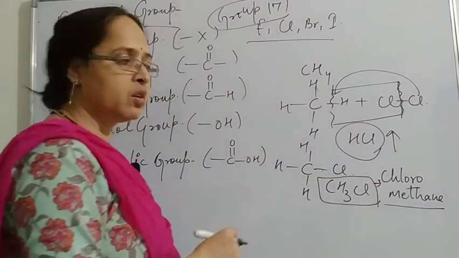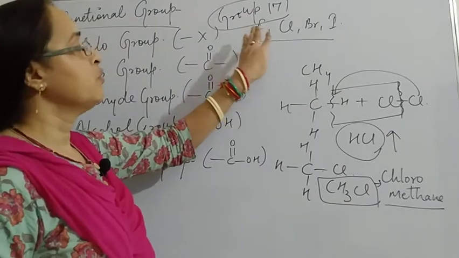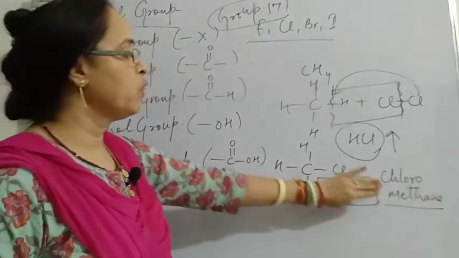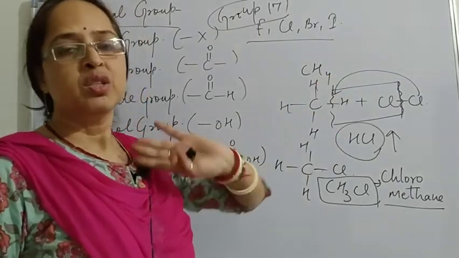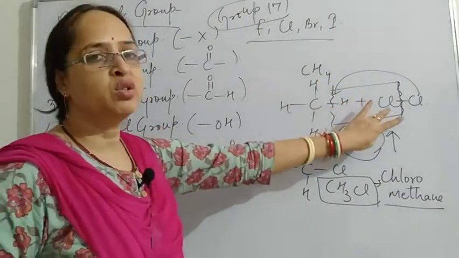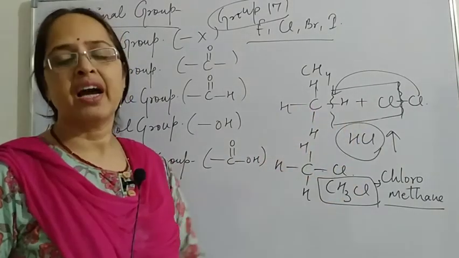Chloromethane. Okay, so this is how it is named. If it were fluorine, we would call it fluoromethane, bromomethane, iodomethane. So in this manner, the halogen reacts with the alkane by substituting hydrogen.